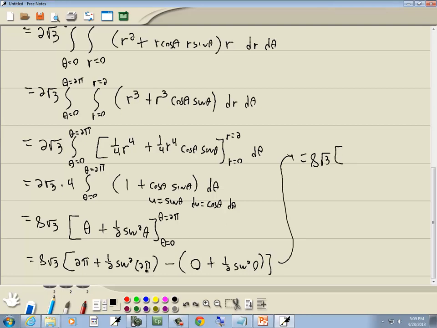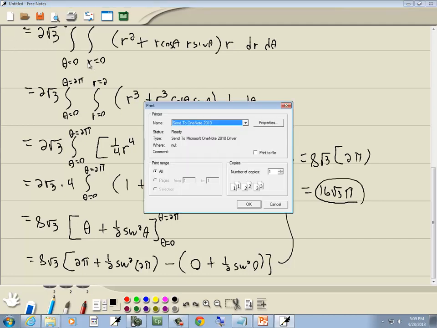Now, sine of 2 pi is 0, so that drops away. This is 0, that drops away. Sine of 0 is 0, so that drops away. So we got left with 2 pi. And 8 times 2 pi gives us 16 square root of 3 pi. Guess I could have put the pi out in front, but oh well. Let me save that.